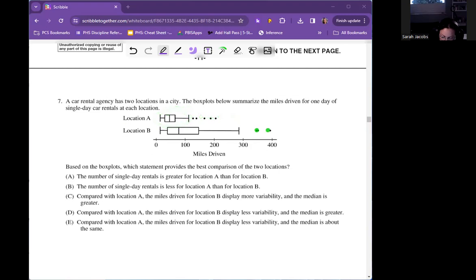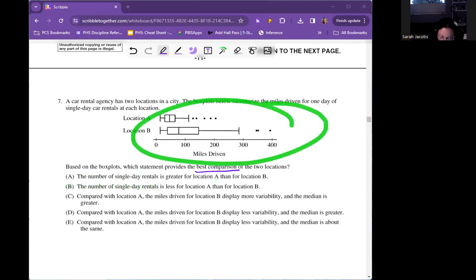Same goes over here. Based on the box plot, which statement provides the best comparison of the two locations? So the best comparison. Okay. Comparing has to mean comparing A to B. So let's look at option A. The number of single day rentals is greater for location A than for location B. In this box plot, we have no idea how many.